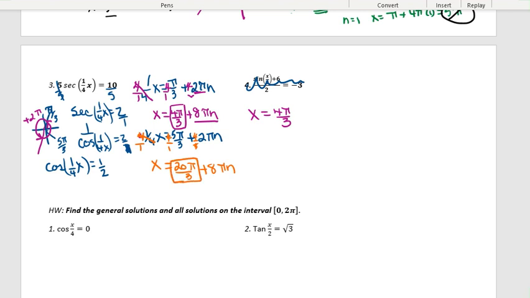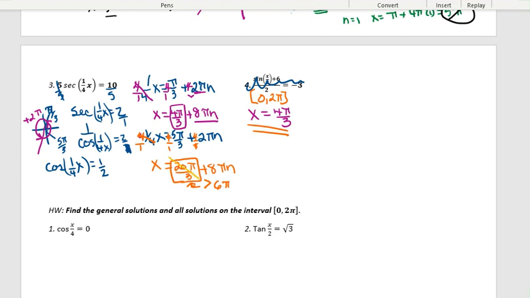But 3 goes into 20 almost 7 times. This is bigger than 6 pi, so it won't fit between 0 and 2 pi. So this is my only answer, and this one does not count.